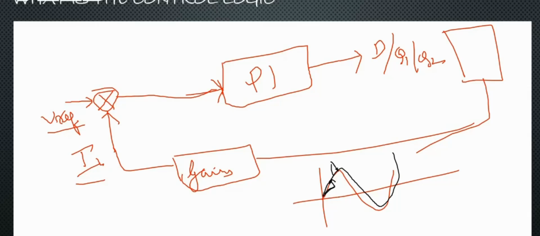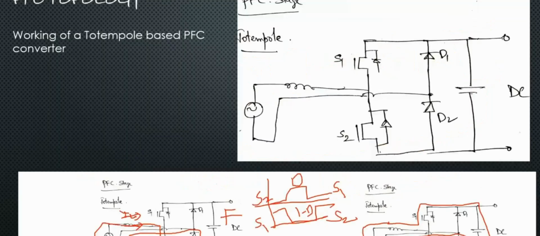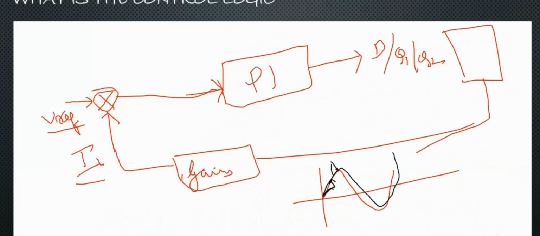From the previous diagrams, if you want the inductor current to rise, we need to switch S2. And if you want the inductor current to fall, we switch S1. So that is how things work.